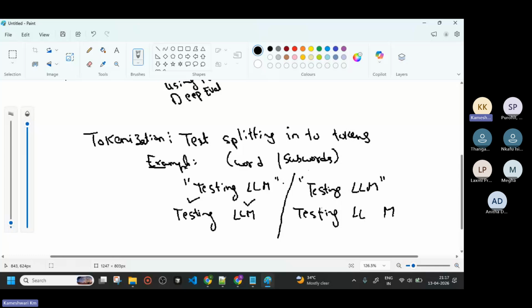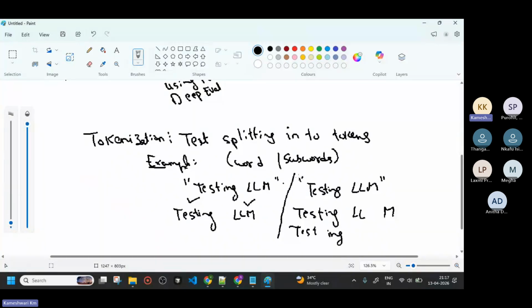In some cases, as per how the model has been trained, it may think of test as 1 word and ing as 1 word. It depends. We can't predict everything, because it's subword tokenization. It depends upon the ChatGPT model, how you are using the OpenAI models.